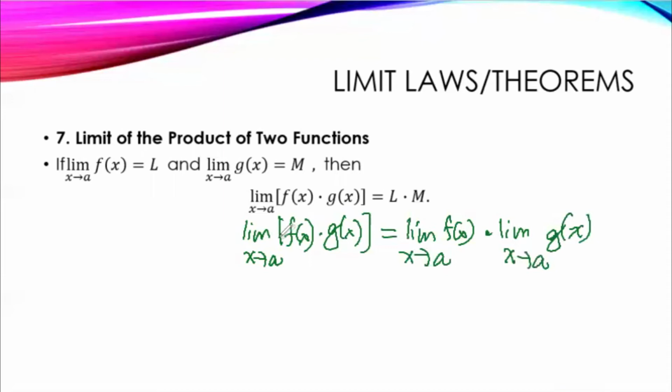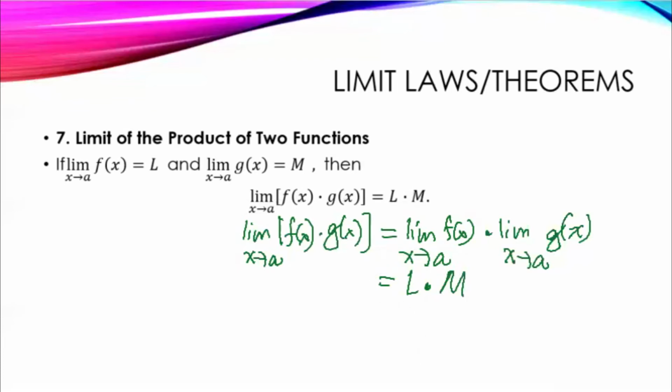So take note of this, the limit of the product is equal to the product of the limits. So by the assumption, we have what? The limit of f of x, which is equal to L, right? So this is L times the limit of g of x as x approaches a, which is equal to m. That's why we have this formula. The limit of the product of f of x and g of x is equal to L times m.